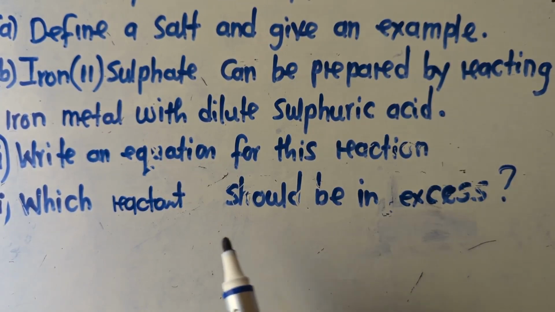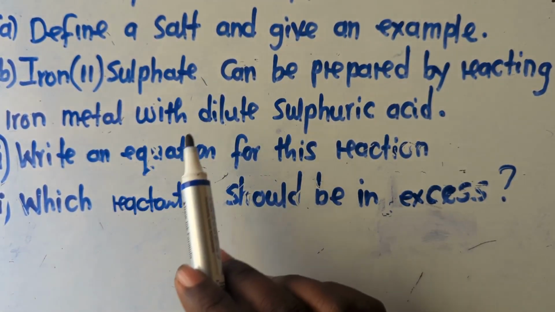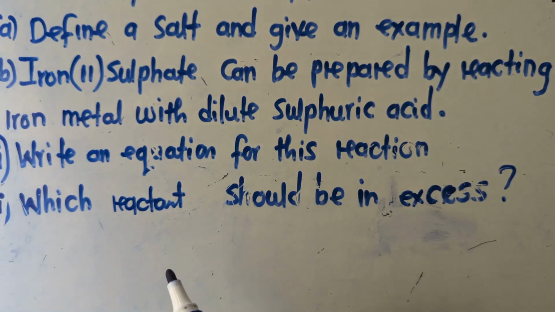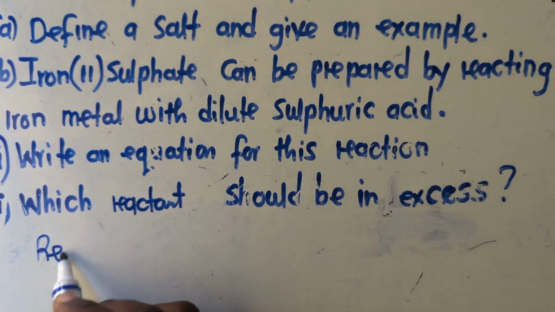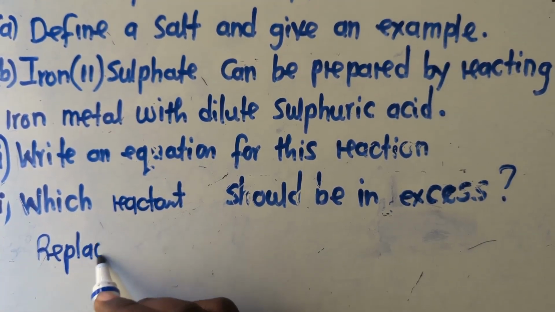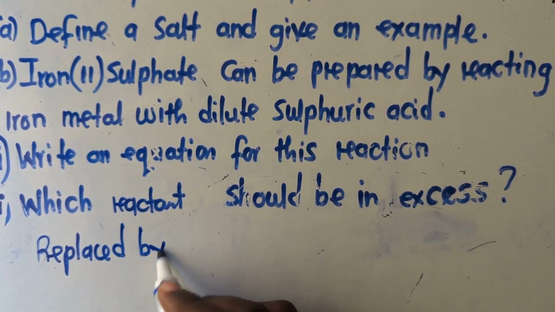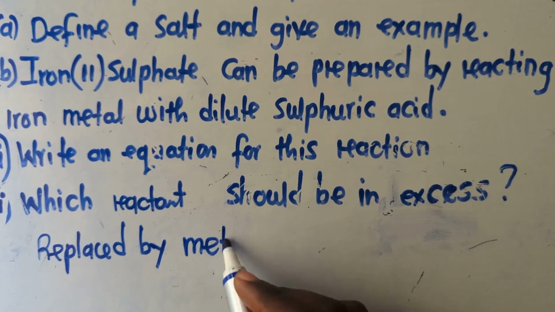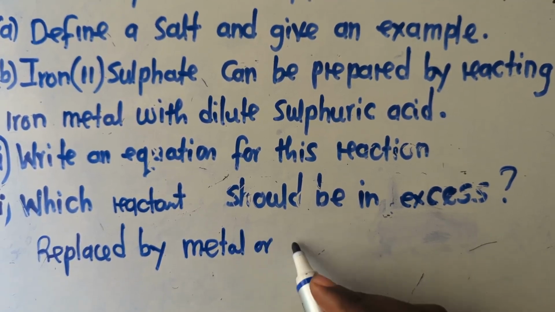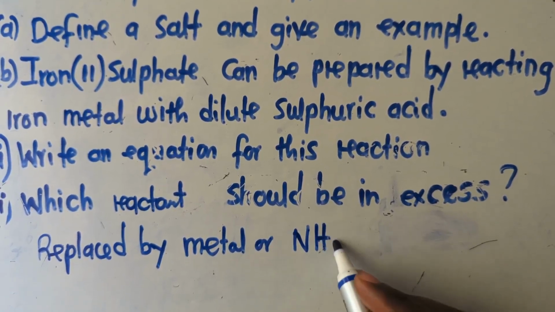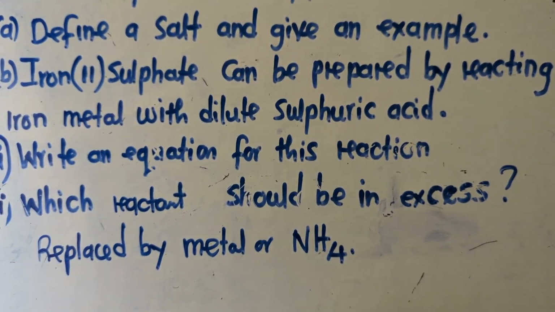A salt is a compound formed when the hydrogen ion of an acid is fully or partially replaced by a metal or ammonium. So when they are fully or partially replaced, this is what you need to understand. Fully or partially replaced by a metal, by a what? By a metal or ammonium. This is what you are supposed to know and understand.